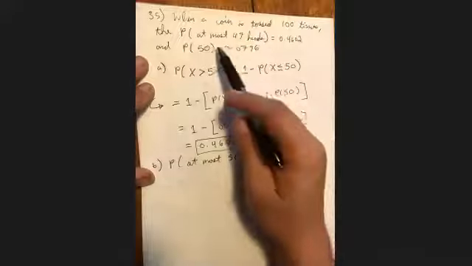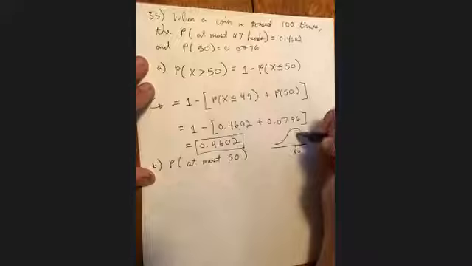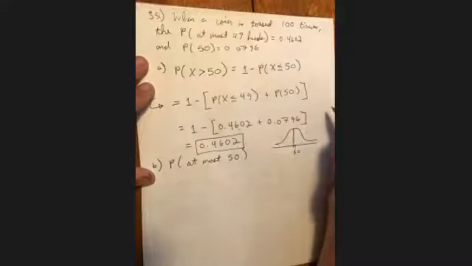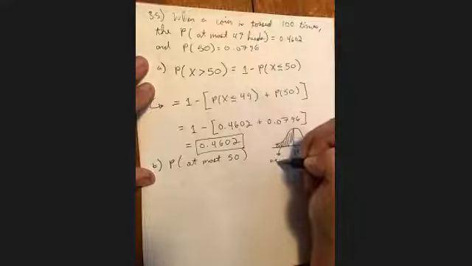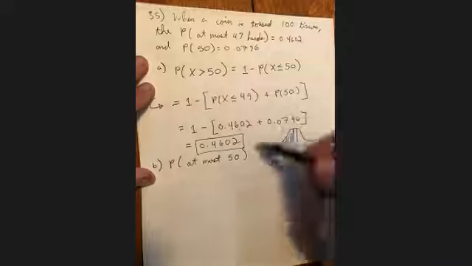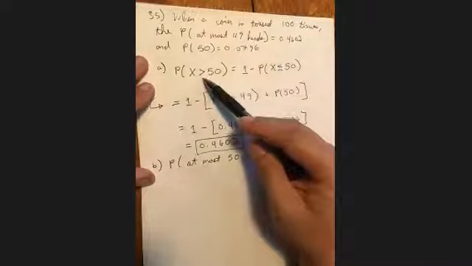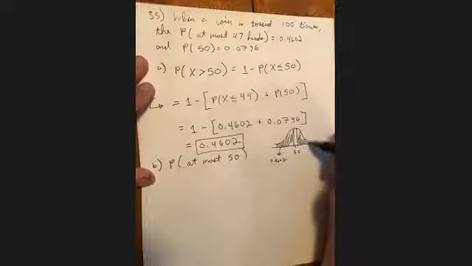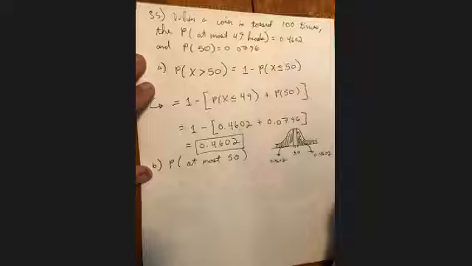And we were told that the probability of at most 49, which is almost half, if this is 50, then 49 is 1 shy of 50. We're told that that probability is 0.4602. So since this whole thing is symmetric, if we take 50 out, then what's left is the probability of greater than 50, which is exactly this area. And you can see that they should be equivalent. So that makes good physical sense.